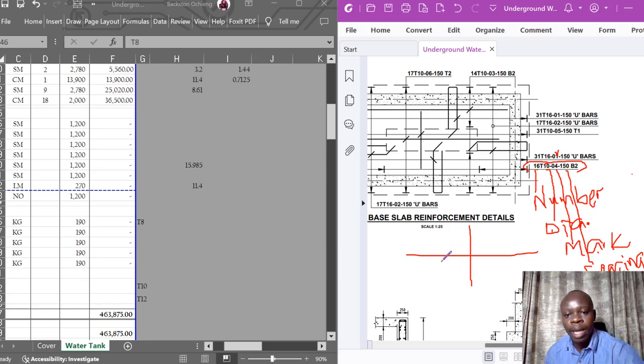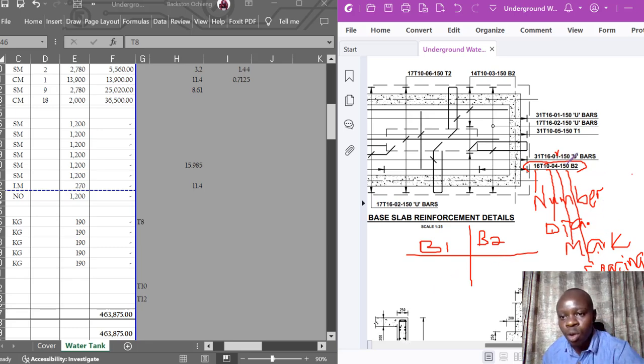For example, on the blinding or on the earth surface, the first direction is the B1. Also still at the bottom, but on the opposite direction, we have the B2. So like in the example here, this bar mark 04 is B2, so it means it's lying on top of the B1. That is an important point to note.